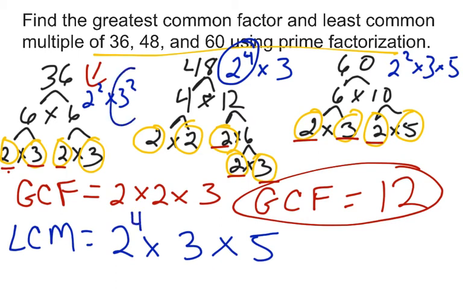My highest for 3 is 3 squared, and 5 is just 5. So then I multiply those numbers together. When you multiply these together, you're going to get a pretty large number. I actually want you to pause the video right now, take a minute, and solve it, and see if your answer matches my own. Go ahead and pause it now.